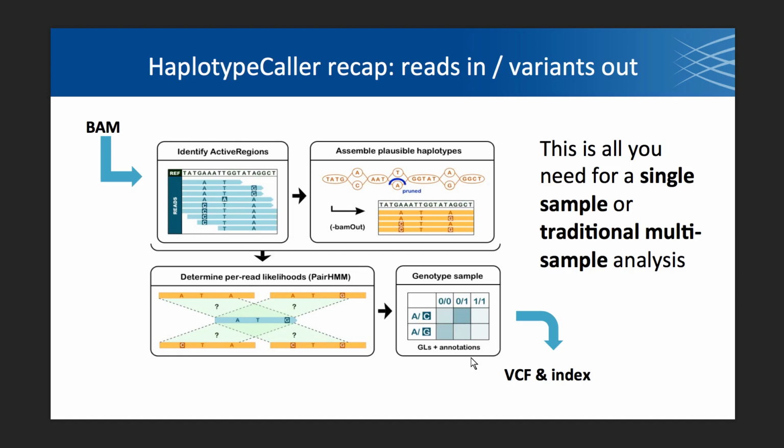We take the reads from those active region areas and align them to the reference to recover potential haplotypes. We evaluate the likelihoods of each of the reads coming from our potential haplotypes using the PairHMM to determine the per read likelihoods. And then we use those likelihoods to get a genotype call at each site that's variant in the sample. And at the end of this process, we output a VCF.